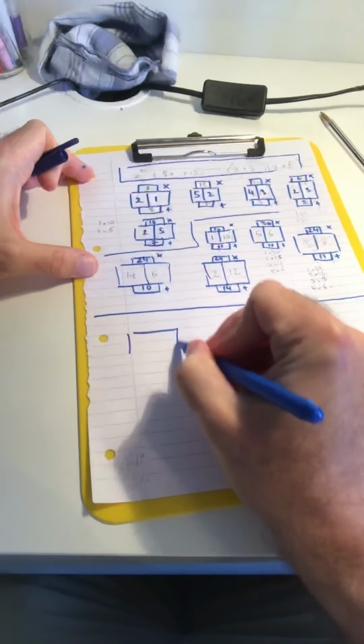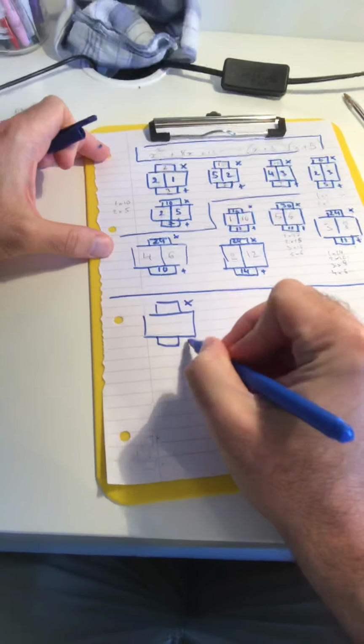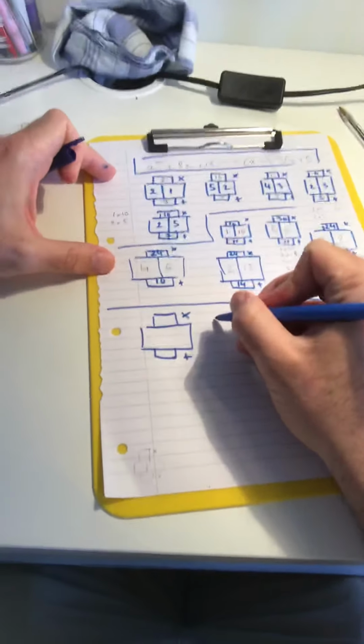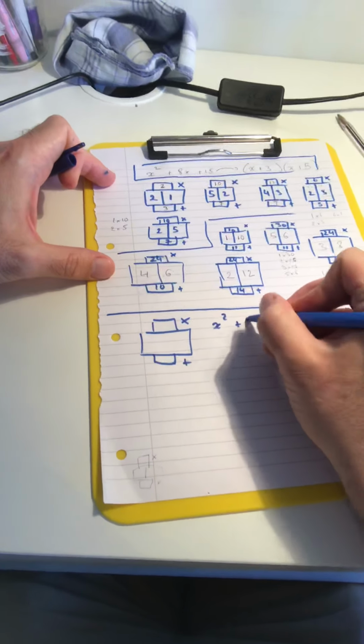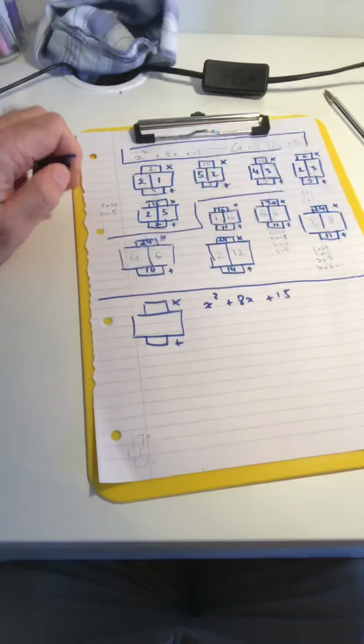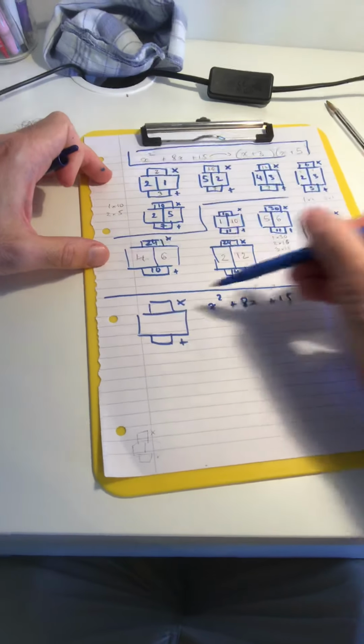Okay, so I'll do it one more. So remember, you put the timesing at the top, plusing at the bottom. And what I'm going to do, I'm just going to write it by the side. x squared plus 8x plus 15. I'm going to take the one at the end, and I'm going to put it into the times.